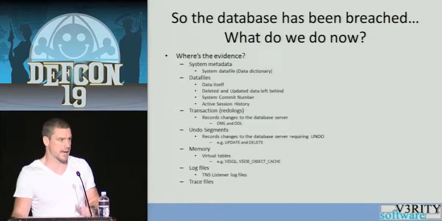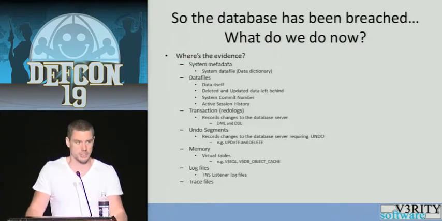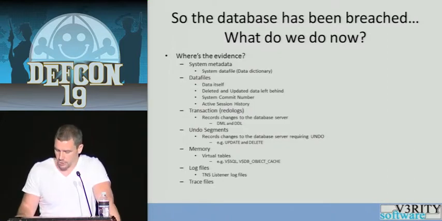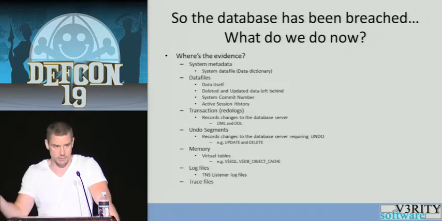V$DB_OBJECT_CACHE is another great source of information. A couple of years ago, I wrote a paper on hacking the Java virtual machine built into Oracle, and looking through the source code of the default Java objects, there's this UTL wrapper that basically takes user input and passes it to the system function.